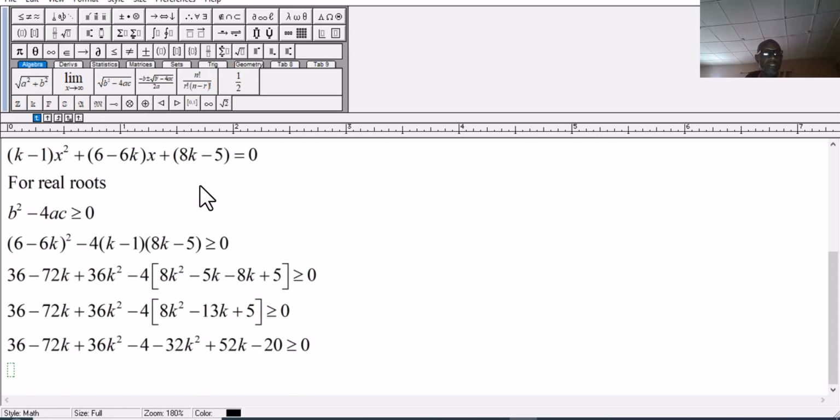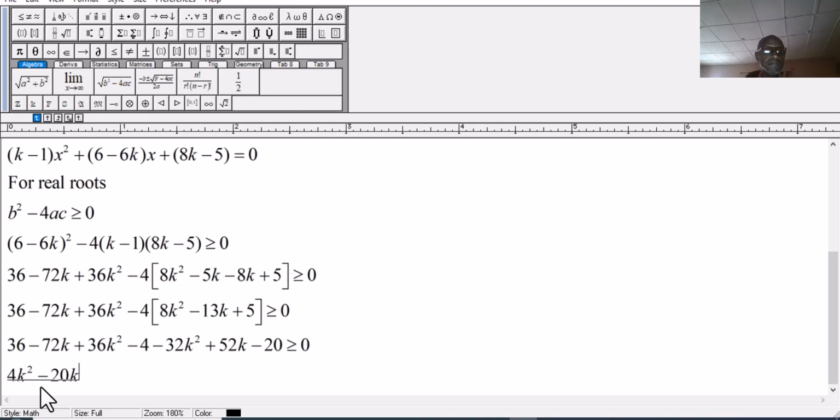Let's simplify and see what we get. We have 36 minus 36k minus 32, that will give us 4k squared. We also have 72 and this, that will give us 20 minus 20k.